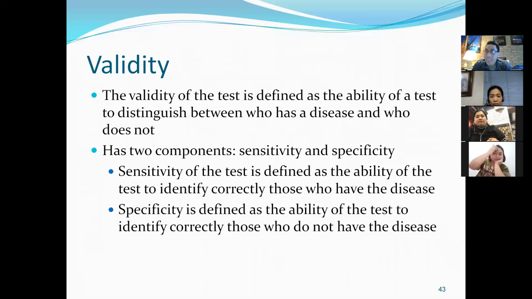But when it is positive, we always do a Western blot for confirmation. What do you think is the rationale for that in relation to the topic of validity? Anybody want to raise their hand? It's okay, just try.